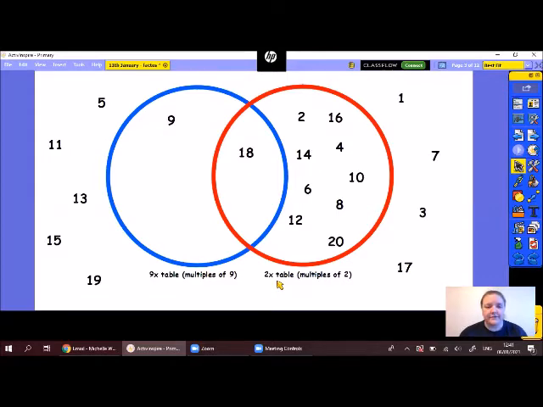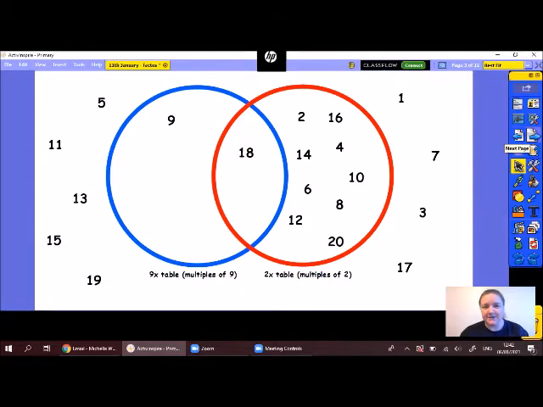Here I've done the Venn diagram using all the numbers from 1 to 20, putting them in the right place. So we've got a lot around the outside that don't really belong. We've got lots of numbers in the red section, lots of multiples of 2. We've got a multiple of 9 here, and remember that magic section in the middle, that's a multiple of 2 and a multiple of 9.